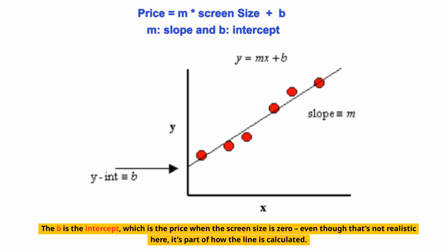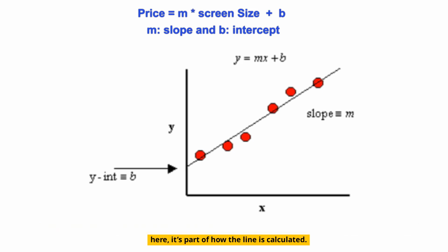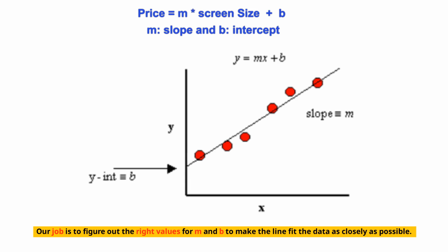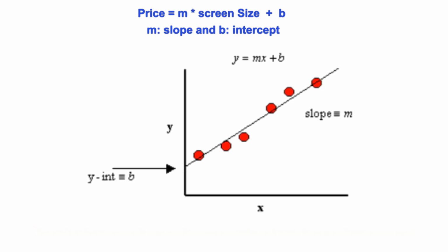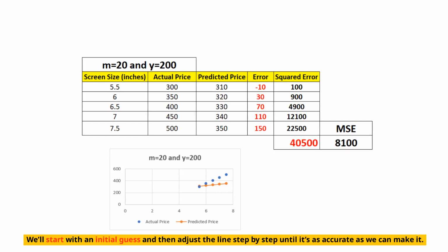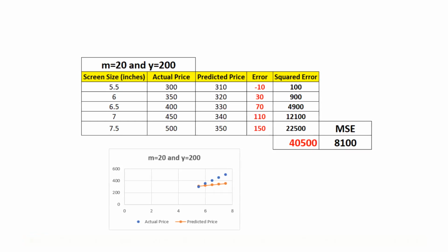The b is the intercept, which is the price when the screen size is 0. Even though that's not realistic here, it's part of how the line is calculated. Our job is to figure out the right values for m and b to make the line fit the data as closely as possible. We'll start with an initial guess, and then adjust the line step by step until it's as accurate as we can make it.